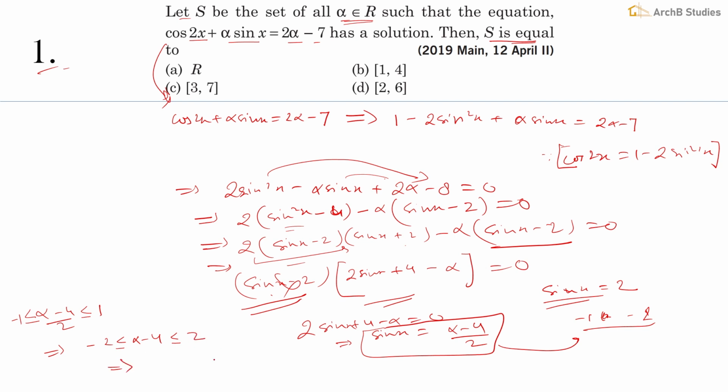So from this alpha will be less than equal to 6 and greater than equal to 2. So we can say alpha belongs to 2 comma 6. So D is the right answer.